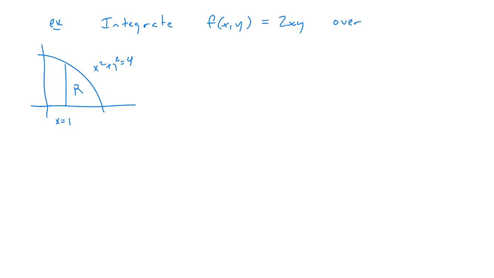Let's do, actually one of these is, since I made the function 2xy, one of them is much better than the other. But let's set this up both ways. And you'll see the setup is much nicer for rectangular. So this one actually, definitely we should do rectangular, but you'll see that there's sort of a problem. So let's do rectangular.